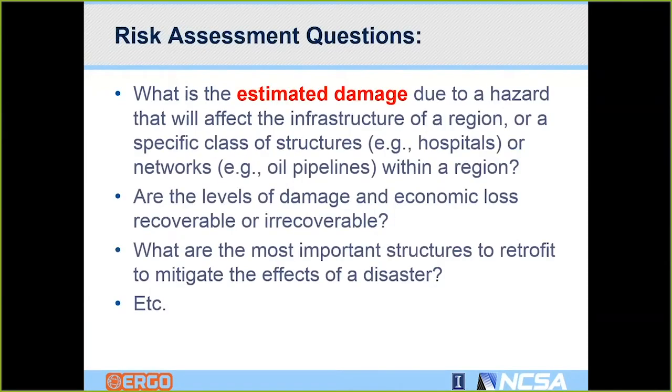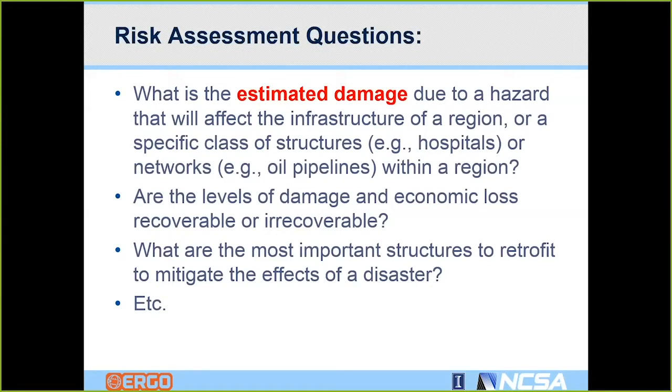Some of the questions that Ergo can help answer are things like, maybe I'm interested in the approximate damage due to a particular hazard, maybe an earthquake or tornado, and how it might affect the infrastructure of a region. Or maybe I'm interested in a specific class of structures like hospitals or schools, or maybe the network that's in that region.